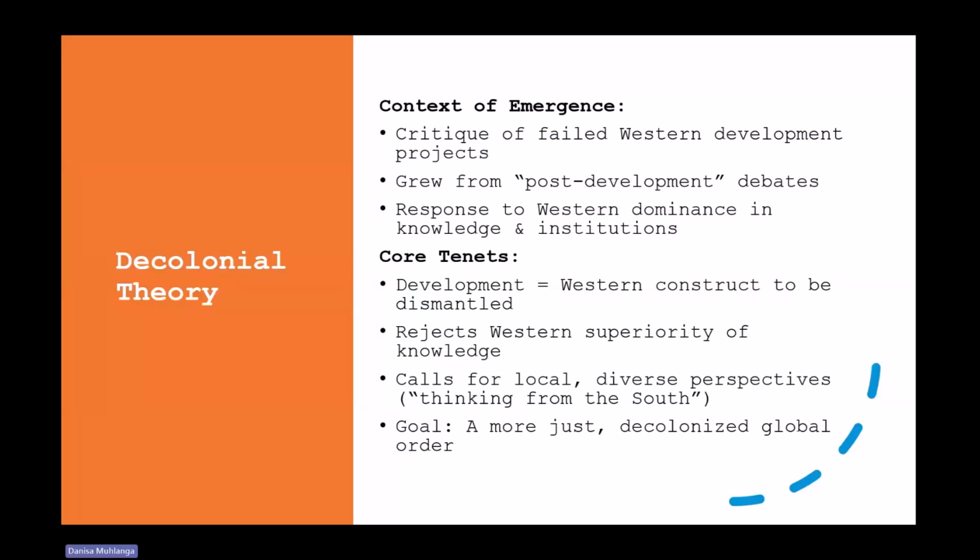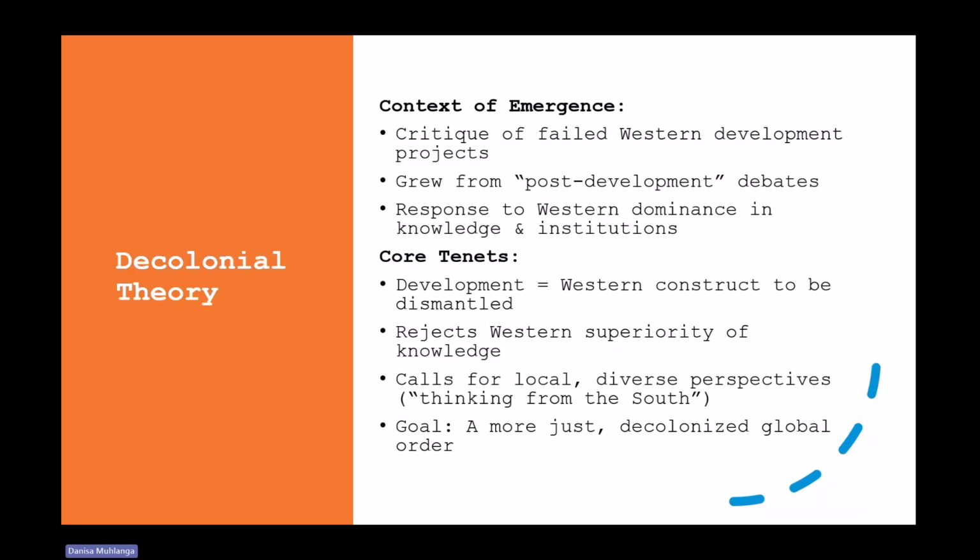Okay, so it's not for Africans. That's a Western ideology. Africans need to come up with ways in which they can develop themselves rather than following Western ideologies. All right. So these are the historical context of the decolonial theory.